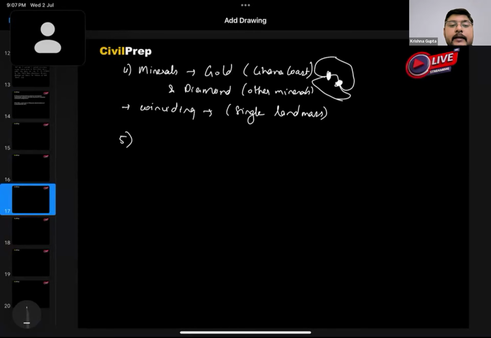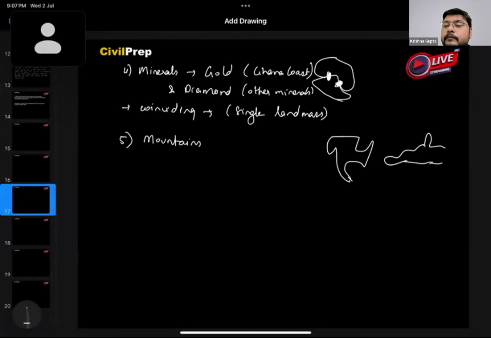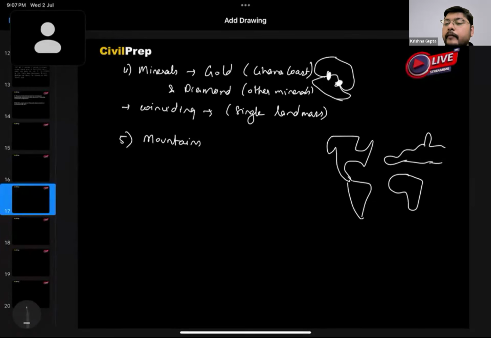Now, number 5 evidence, the presence of mountains. Here we'll be seeing that in the contemporary time period, we have the Appalachians in this region and we have the Scottish Highlands. Both the Scottish Highlands and Appalachians are part of a single mountain range.